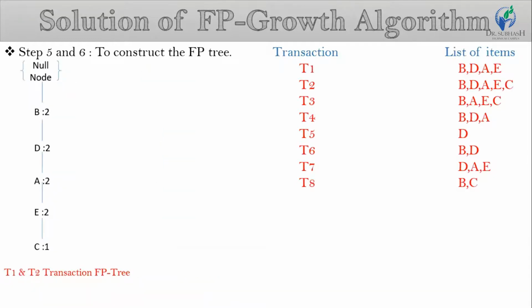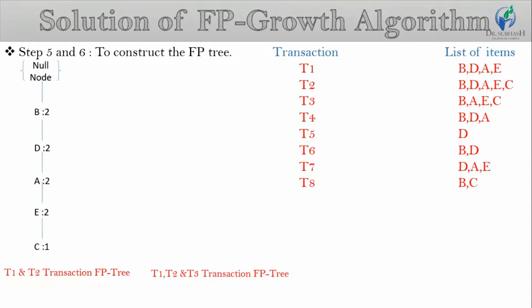Now we see our third transaction. In the third transaction, we have B, A, E and C items. So you may think you can follow the same branch again by replacing the values with B, A, E and C. But you can't do that.